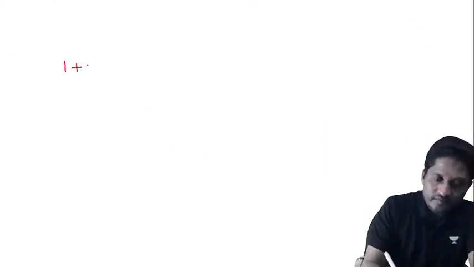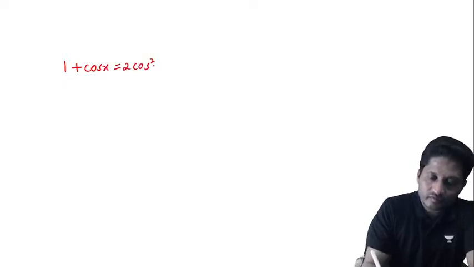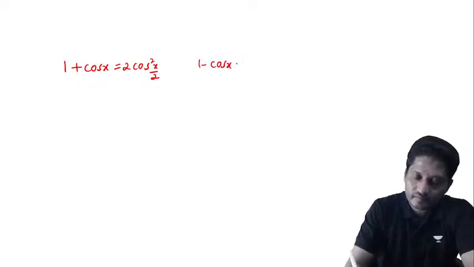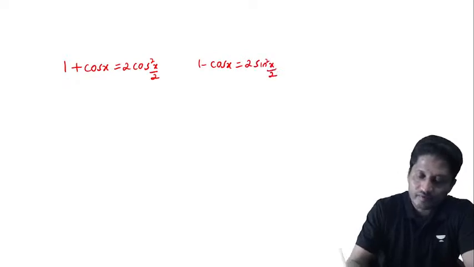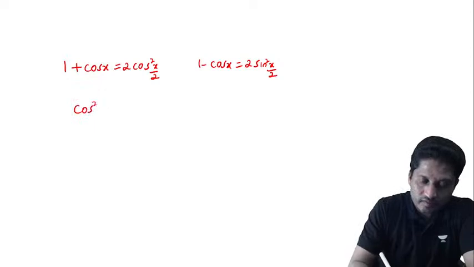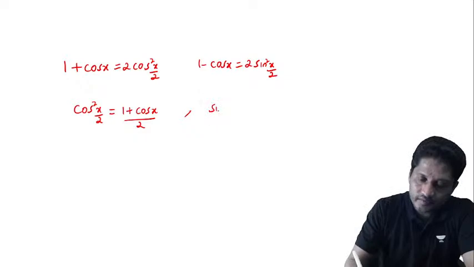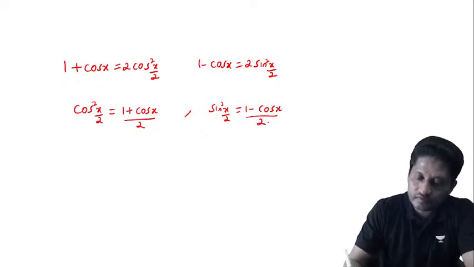1 plus cos x is 2 cos square x by 2. 1 minus cos x is 2 sin square x by 2. And from this, cos square x by 2 is equal to 1 plus cos x whole divided by 2, and sin square x by 2 is equal to 1 minus cos x whole divided by 2.